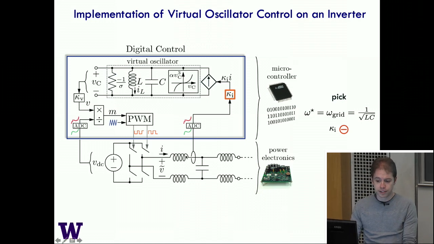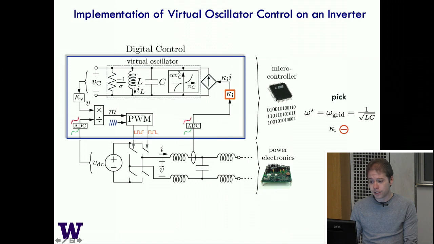On the real physical side here, we have actual voltages and currents. We have analog to digital converters that convert that into numbers that are read into a DSP or an FPGA, for instance. And then we feed that into this virtual oscillator controller, as I call it. Now here I've drawn it as an actual circuit, but in reality, we're just taking the differential equations associated with this circuit, discretizing them, and then programming them inside of the embedded controller.